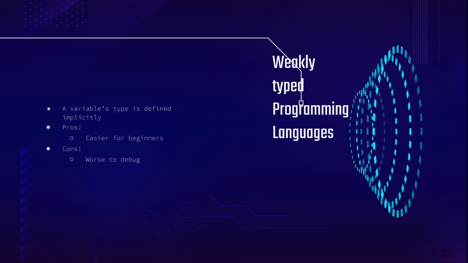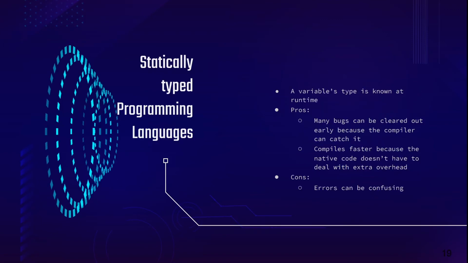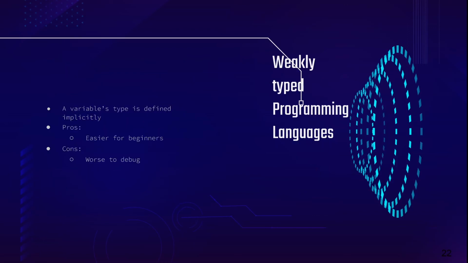So strongly typed versus weakly typed very much ties into the previous arguments, right? Statically typed versus dynamically typed. They're very much tied together. They're not necessarily one and the same, but they can be.